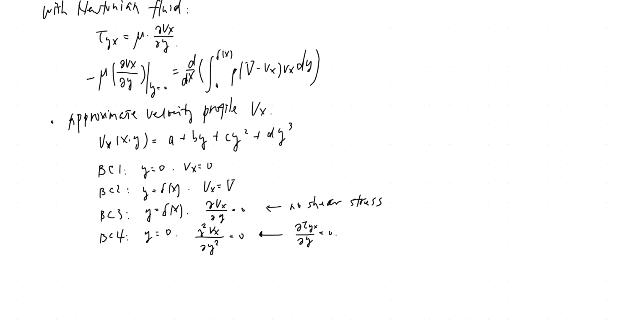This is because it's a Newtonian fluid, so the shear stress is proportional to the first order derivative with respect to y. Then the derivative of the shear stress gives you the second order derivative of the velocity. That's why the derivative of the shear stress is 0.